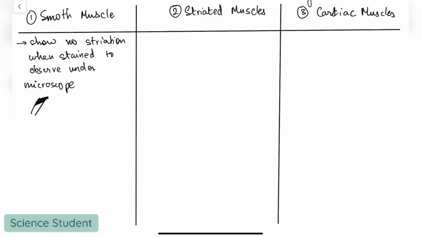Striations are continuous dark and light bands present in any muscle tissue when they are stained.